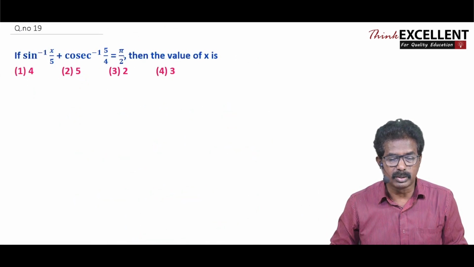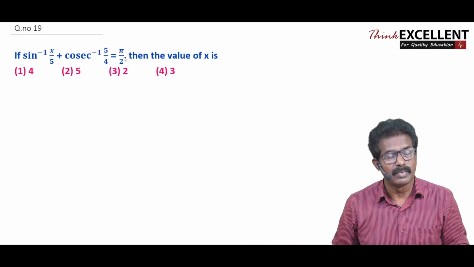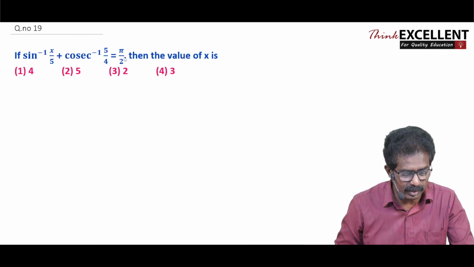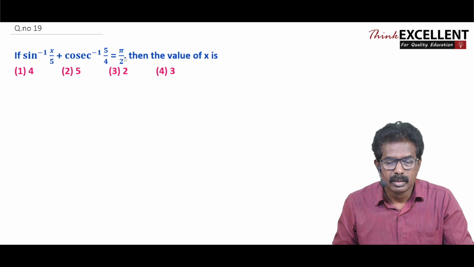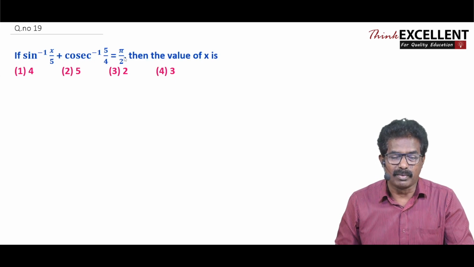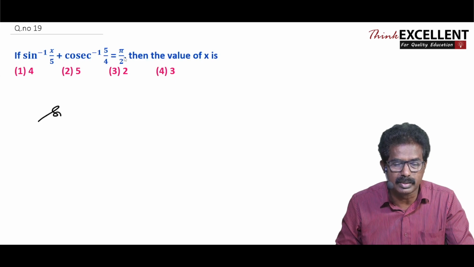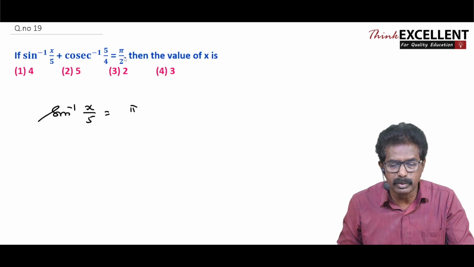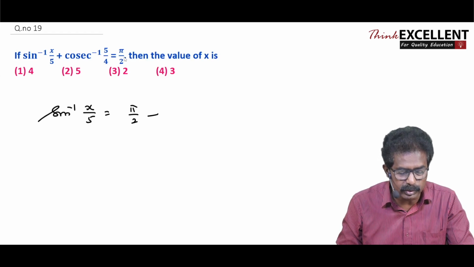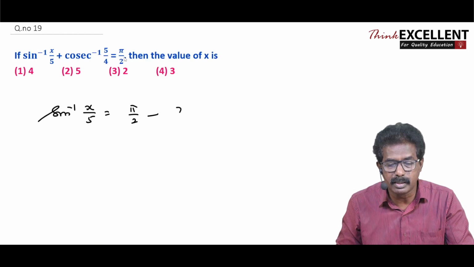Now let's move on to question number 19. It is a similar question. Listen carefully. You have to solve for the value of x, so keep the x term on one side. Sine inverse of x by 5 is equal to pi by 2 minus cosecant inverse 5 by 4.